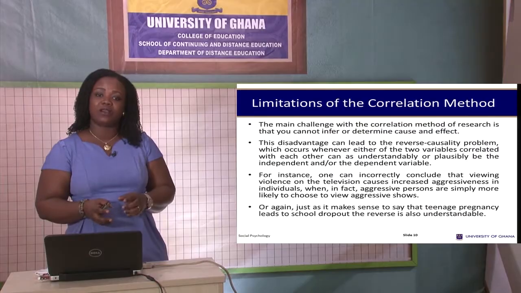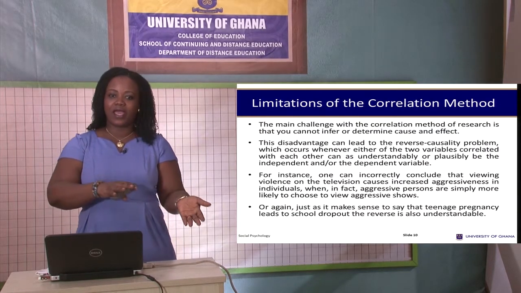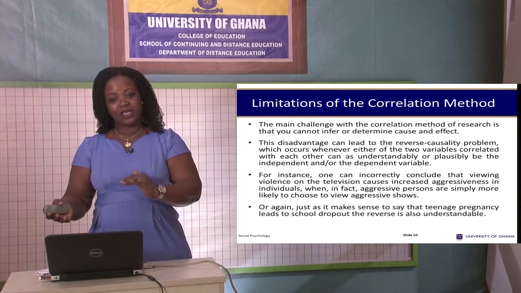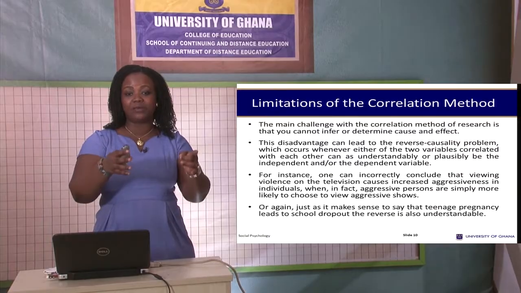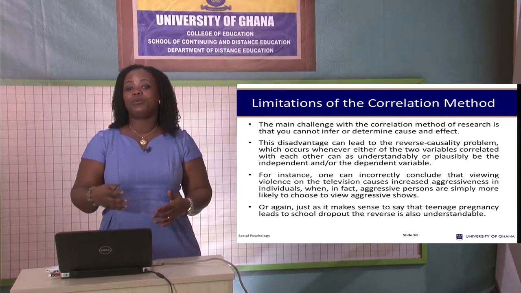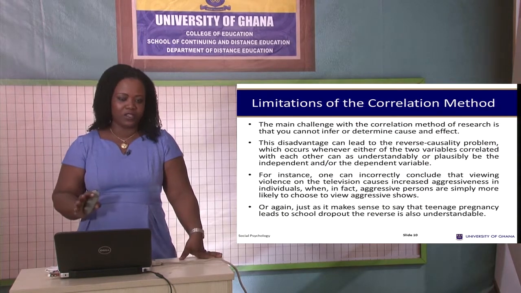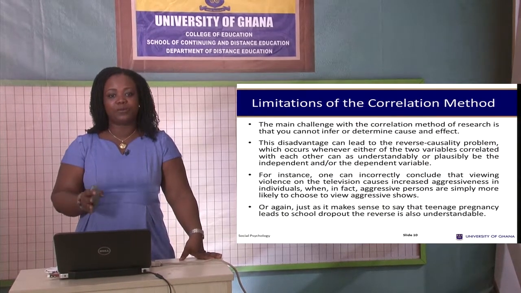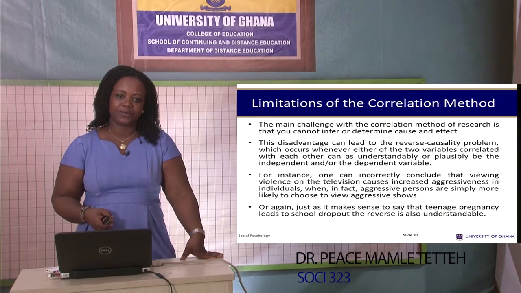Then again, we have the reverse causality problem. Sometimes variable A or variable B can interchange. Variable A, which is an independent variable, could well become a dependent variable. What do I mean by all of this? Take the relationship between school dropout and teenage pregnancy.